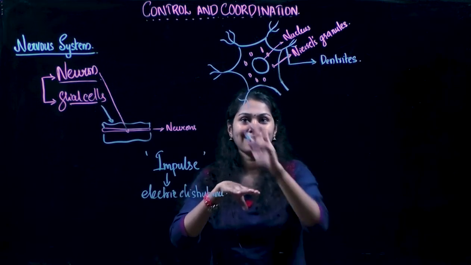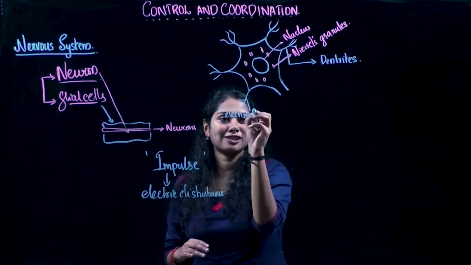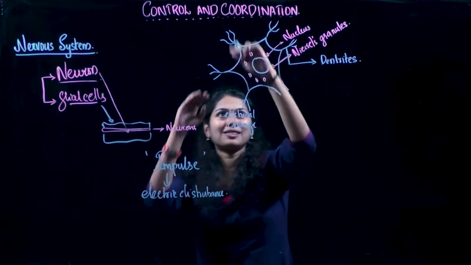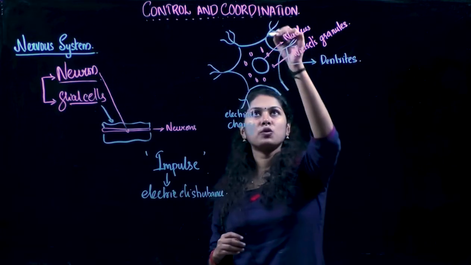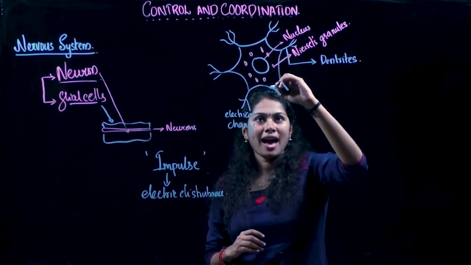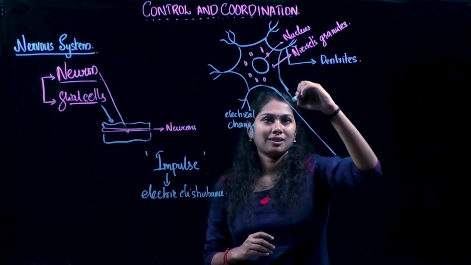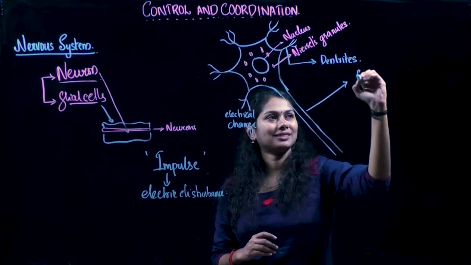When we are touching, there is an electrical change, and this electrical change or impulse is carried by these dendrites. They collect these impulses and move them to the cell body, and it is transferred to a long extension. This long extension is called an axon.